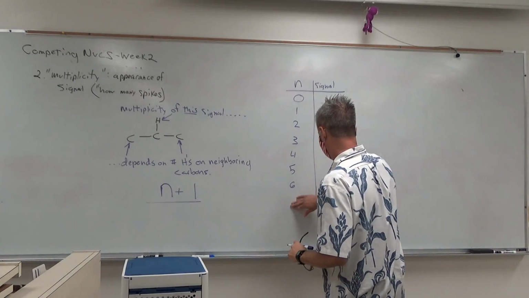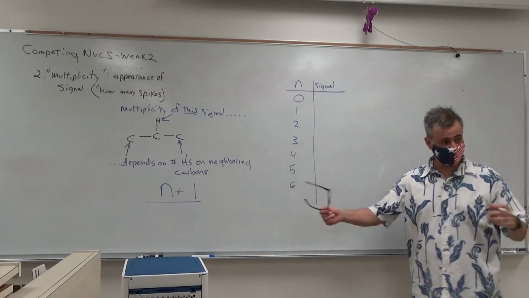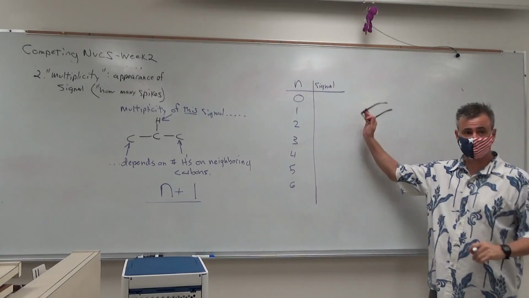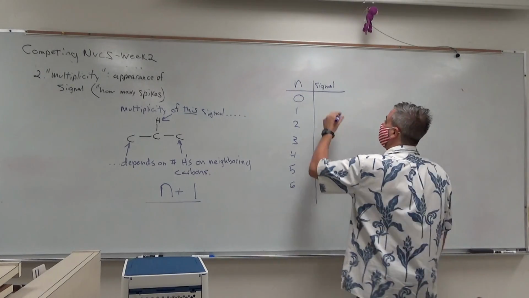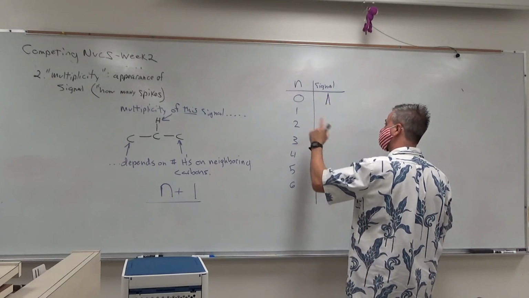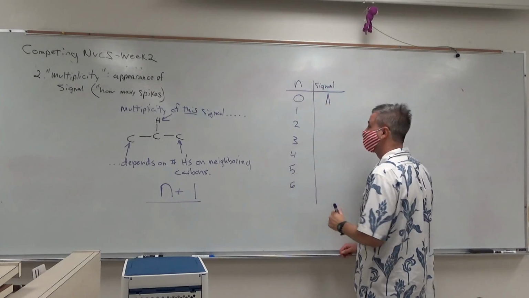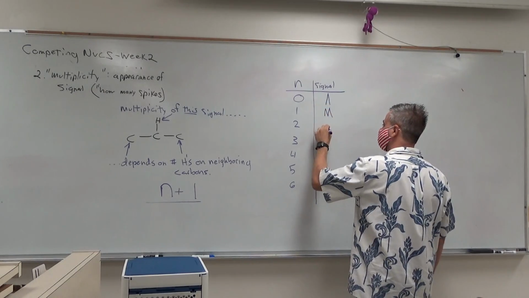If you have no neighbors on neighboring carbons, what does your signal look like? Singlet. If it's one neighbor, doublet. Two neighbors, triplet.